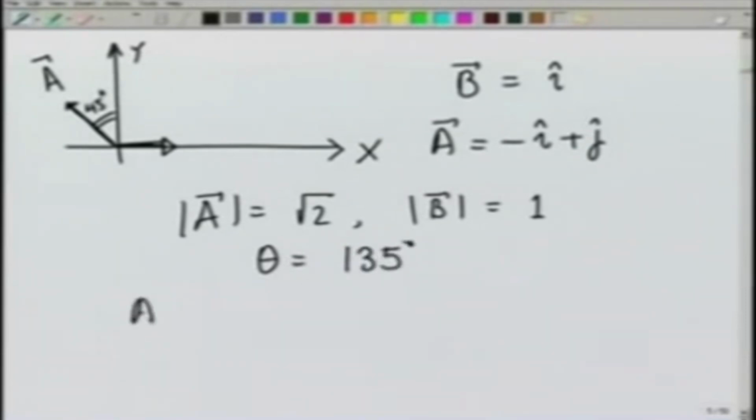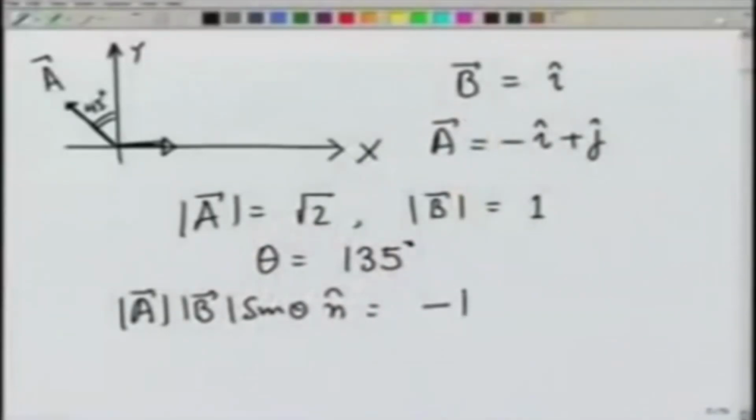So, therefore, A B sin theta n is going to be equal to, sin of 135 is 1 over root 2, so root 2 times 1 over root 2 times 1 times n, which is equal to n. Turn A towards B through the smaller angle, and that gives you a direction opposite to z axis. So, this is going to be minus k. Let us see if you get the same answer if I explicitly do component wise a vector product.